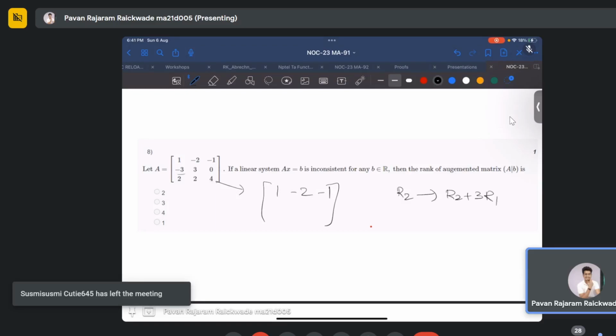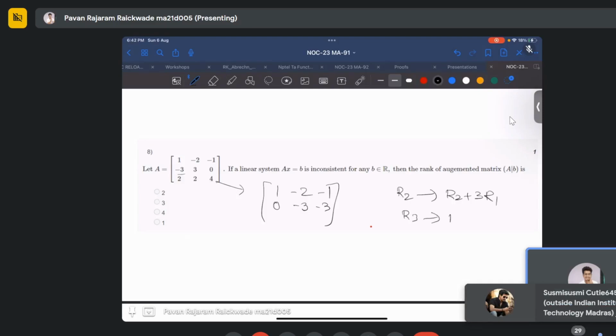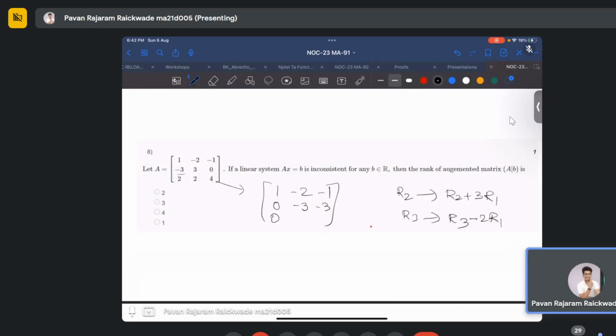So I'll just add up the 3. Minus 3 plus 3, 0. Then 3 minus 6, minus 3, and 0 minus 6, minus 3. Then R3 will change to R3 minus 2 R1. That will give me 3 minus 2... so 2 minus 2, 0, 2 and minus plus 2, 4. Then 4 plus 2, 6.